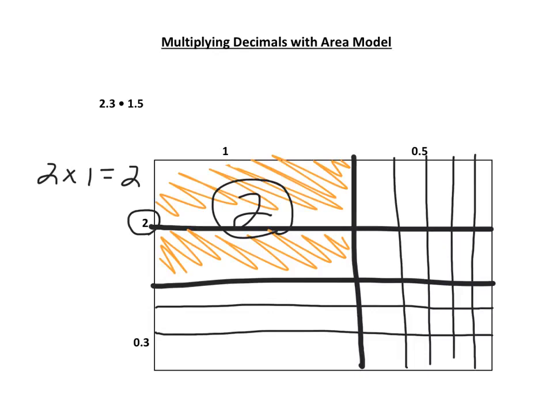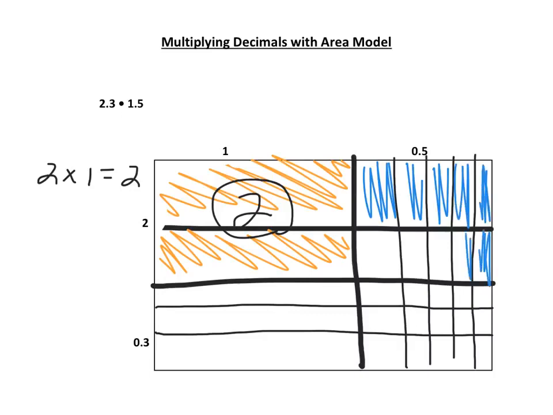Then I notice that in this section I have 1, 2, 3, 4, 5, 6, 7, 8, 9, 10 tenths. And we know that 10 tenths is going to equal 1 whole.